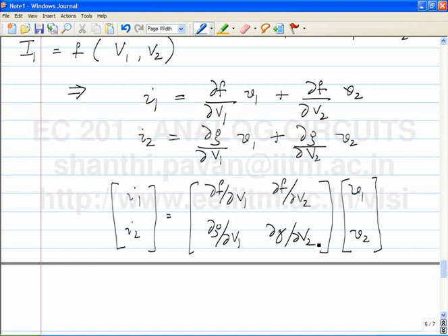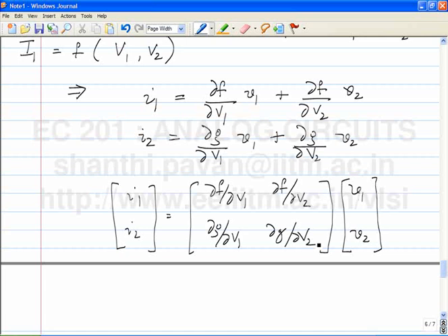Alright. So what do we notice? Even though the absolute currents I1 and I2 are related in a nonlinear fashion to the absolute voltages V1 and V2, the incremental currents i1 and i2 can be linearly related to the incremental voltages v1 and v2.